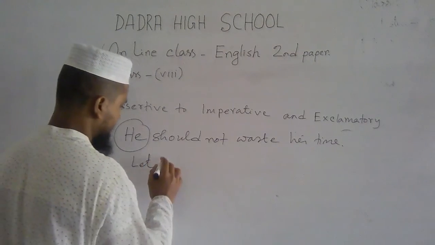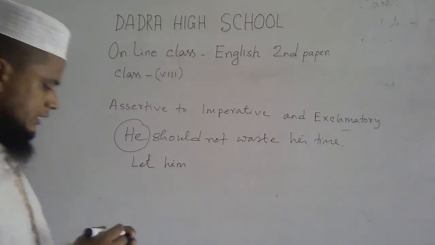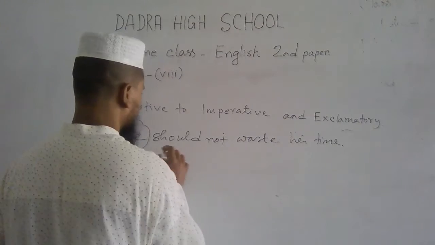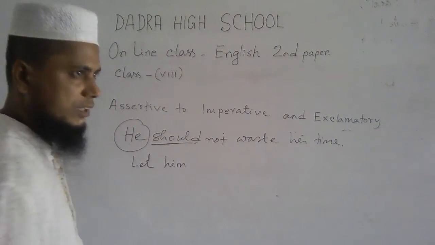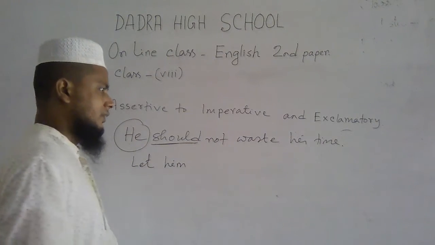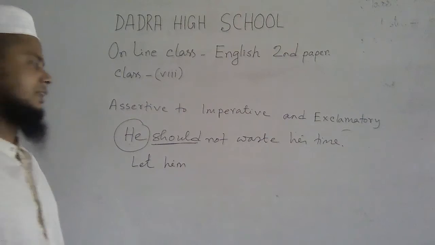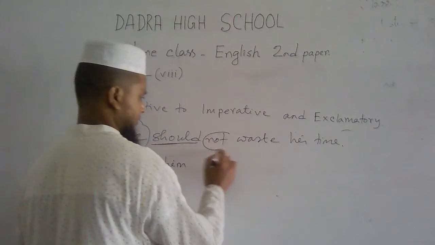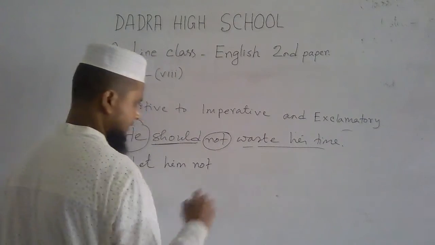That means he will be him. Then we give up the modal auxiliaries that precede the principal verb. We will delete them, and then note, then the verb and the rest of the sentence.